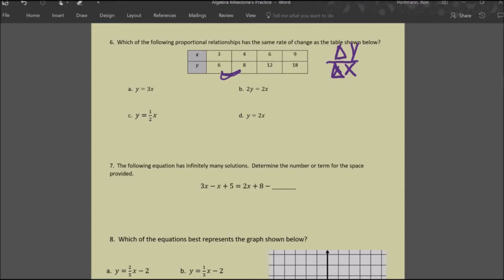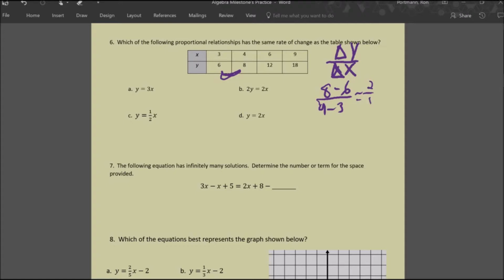From 6 to 8, you're going up by 2. So you could say 8 minus 6 divided by, if I use 8 first, that'd be 4 minus 3. That's the foolproof way of doing it. You take the two y values and subtract them. Take the two x values and subtract them. That's going to give you 2 over 1, which is 2.